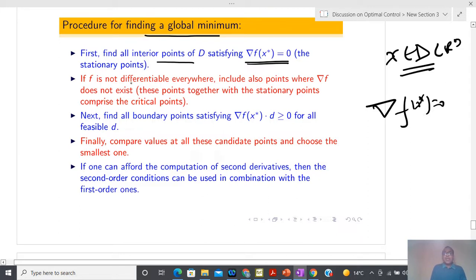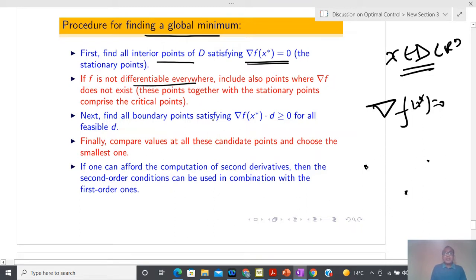Suppose f is not differentiable everywhere. Here I am assuming that f is one time differentiable, but suppose somewhere it is not differentiable, that point is called a critical point, and I have to check that point also.